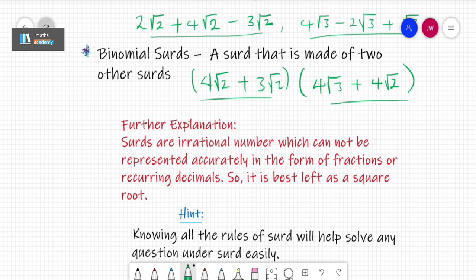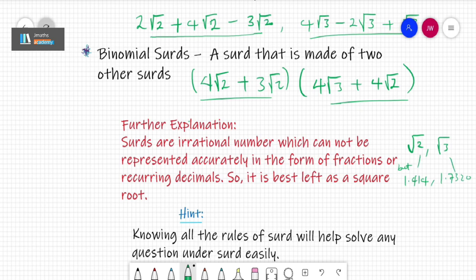Another explanation: surds are irrational numbers which cannot be represented accurately in the form of fractions or recurring decimals, so it is best left as a surd root. Okay, what this means is your answer can be left in surd form as root 2 or root 3, but not 1.414 as root 2 or 1.7320 as root 3.